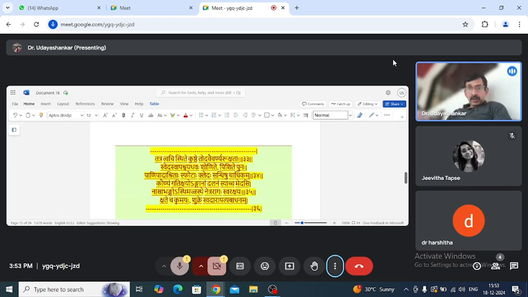Tatra tvachistite kushte toda vaivarnya rukshata. Three features: pain, discoloration, and roughness. These are the features of tvaksthita. Sweda swapa shvayathavaha shonite. There will be sweating and swelling or edema in shonite, rakte.